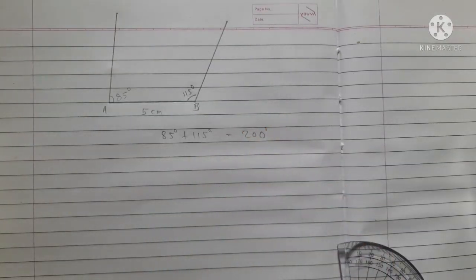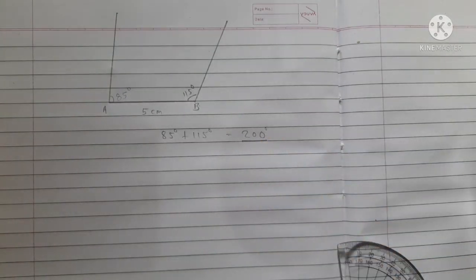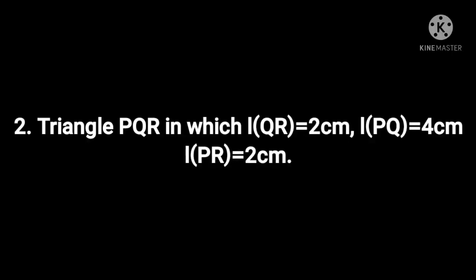You know that the measure of the three angles of a triangle is 180 degrees. So here 20 degrees is more, hence we cannot draw the triangle on the given data. Let us do the next activity.